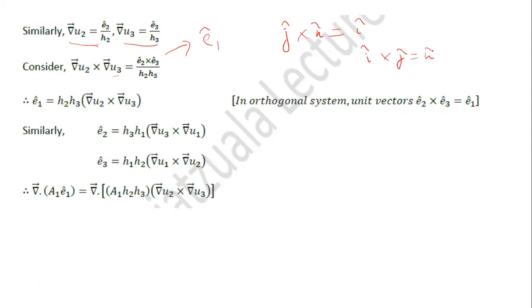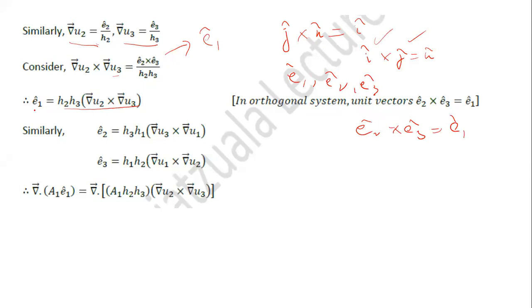The cross product between two unit vectors results in the third unit vector, which is perpendicular to the two unit vectors here. Similar to that, consider e1, e2, e3 in place of i, j, k now. So e2 cross e3 cap will result in e1, just like that. All right. So your e1 cap can be expressed as h2 into h3 into this.